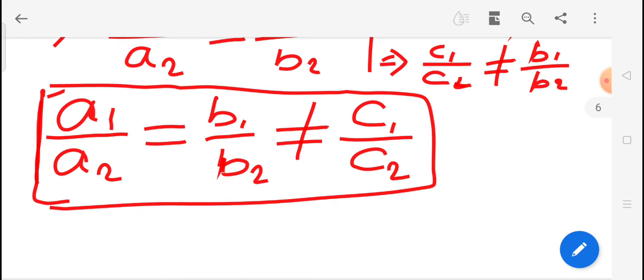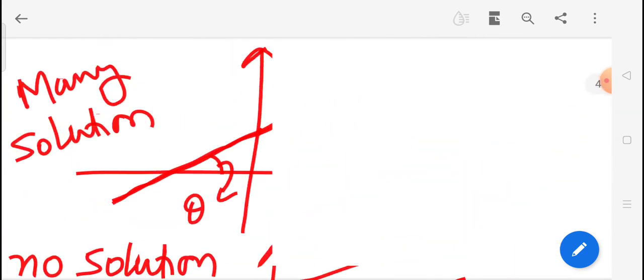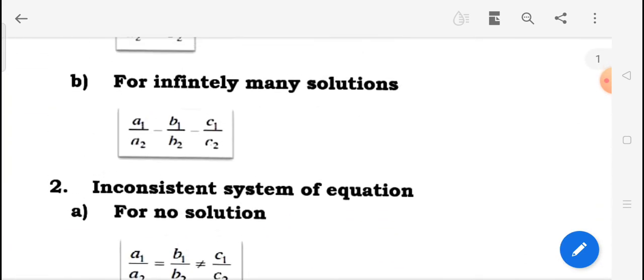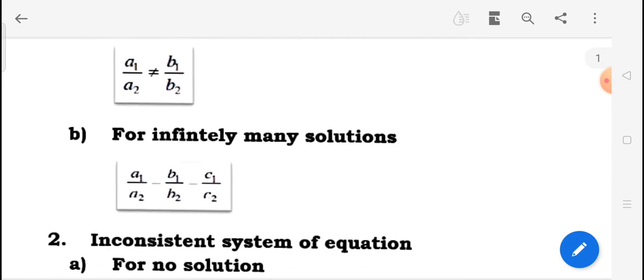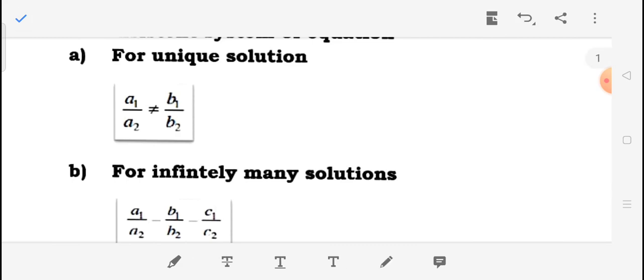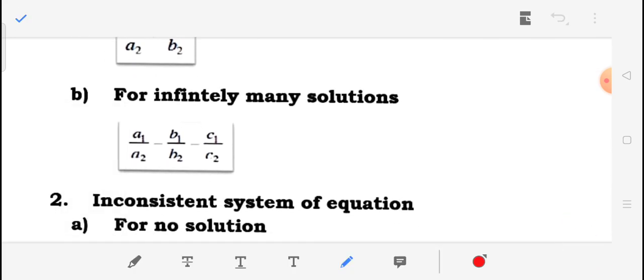For many solutions, we had already written infinitely many solutions: a1 by a2 is equal to b1 by b2 is equal to c1 by c2. How did we get this with the help of that concept? In the many solutions case the lines will be overlapping, so the slope is going to be equal and the intercept is also going to be equal.